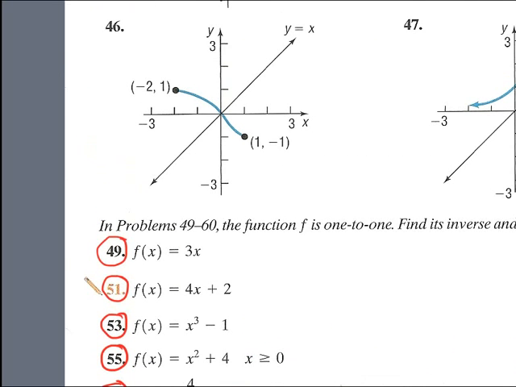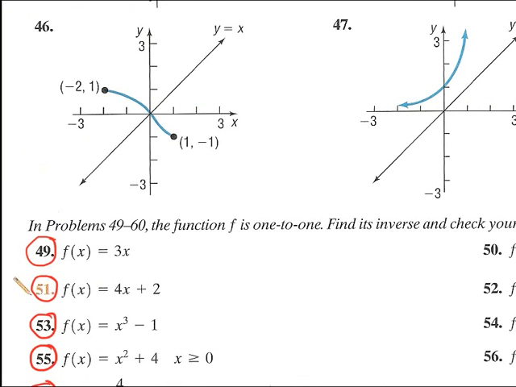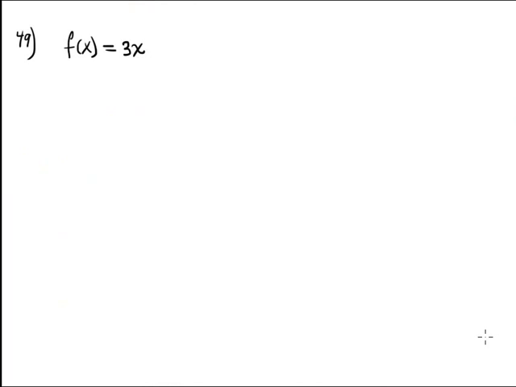Okay, this question is basically find its inverse, check your answer, and graph both functions, original and inverse, in the same coordinate axes, and the line y equals x is the identity function. So we have a lot of work.